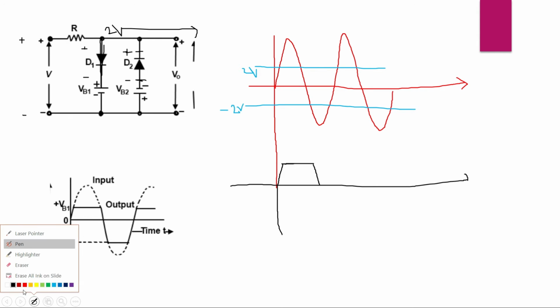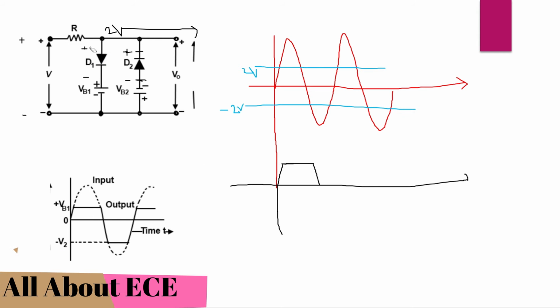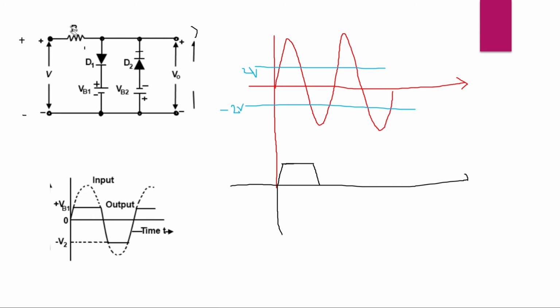In contrast with that, when the negative half is passing through this one, what will happen? When the input is a negative half, this is negative, this is positive. It means this is positive, this is negative.